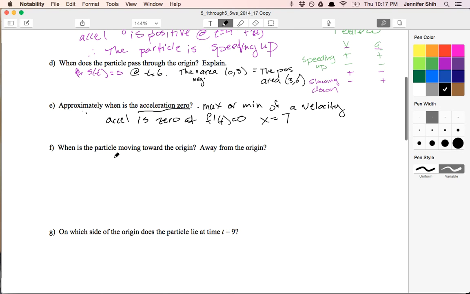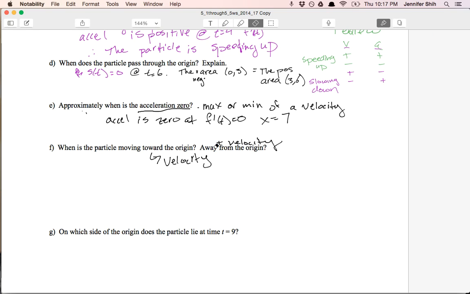When is it moving away from the origin? When we're talking about direction and whether it's moving away or towards, we're talking about velocity. So it's moving away from the origin at a positive velocity. And then we have to figure out where the particle starts, and then we can decide whether it is a positive or negative velocity that's moving towards the origin.